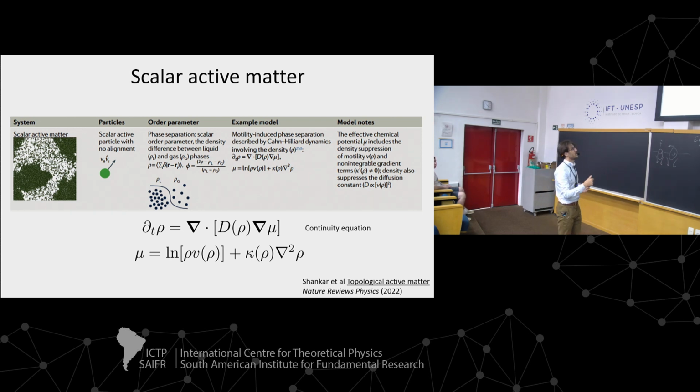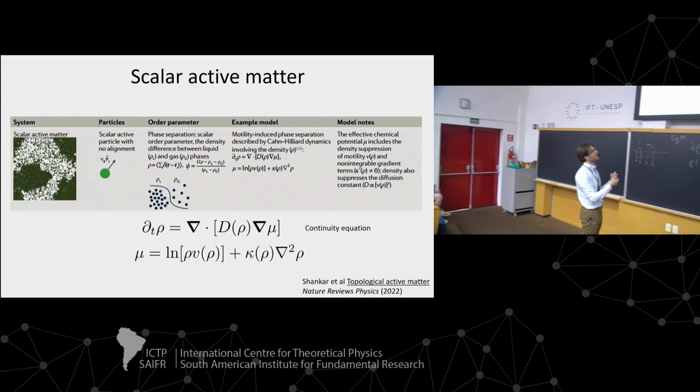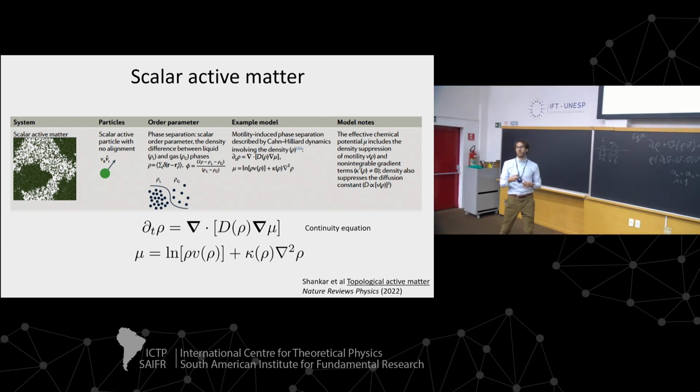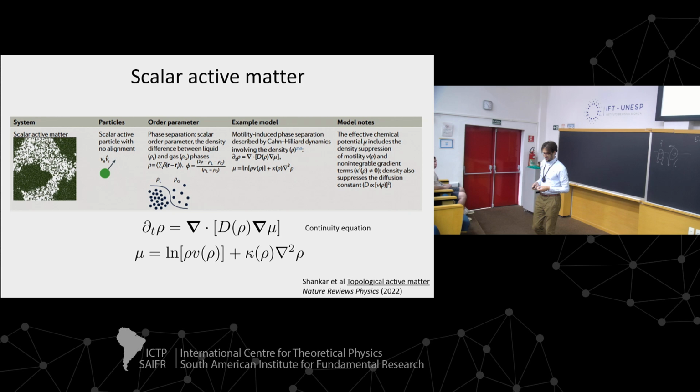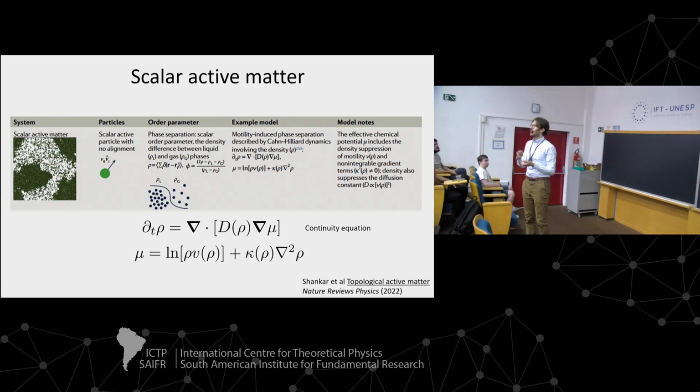There is a system that's in some sense simpler than the Toner-Tu equations, and that's a system that's still active, but without any breaking of spatial symmetries at all. In other words, you take the same kind of system of self-propelled particles, but you just say they're not going to align.